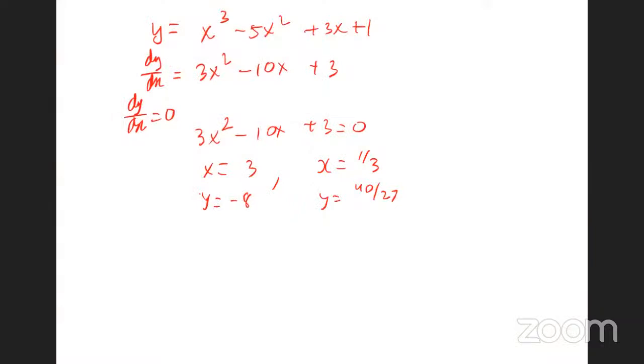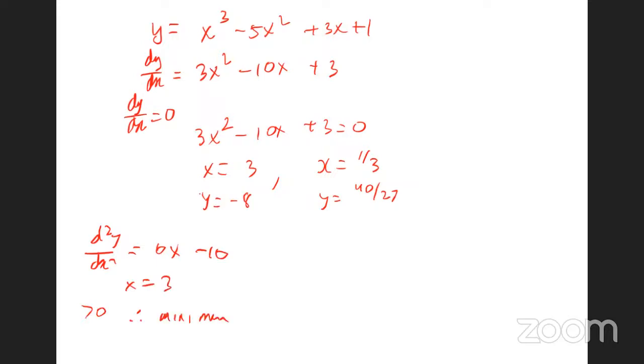How do you find nature again? Find the second differential, d2y/dx squared. That'll be 6x minus 10. So you plug in x is 3 and you get more than 0, therefore it's a minimum.